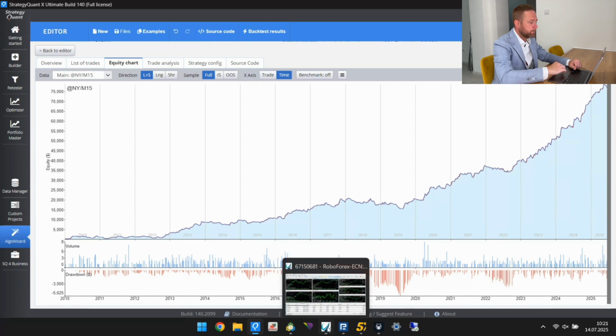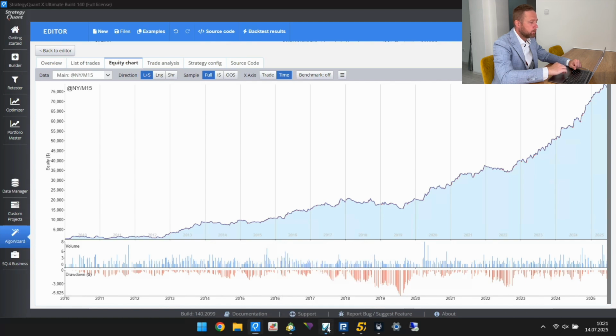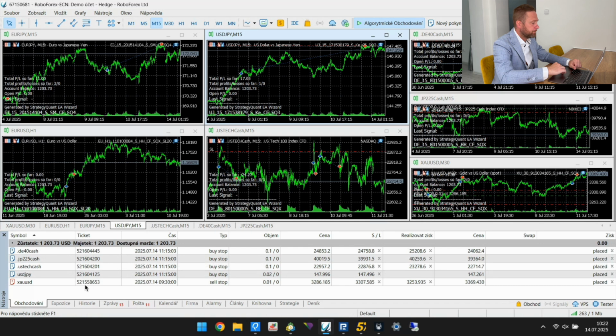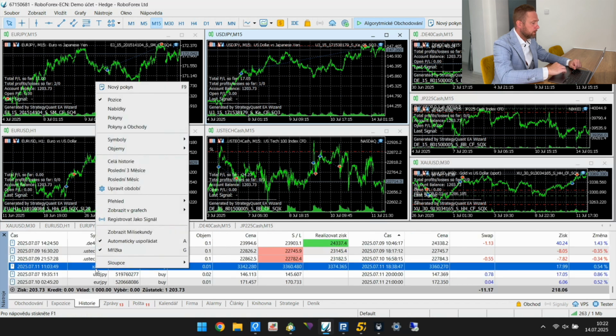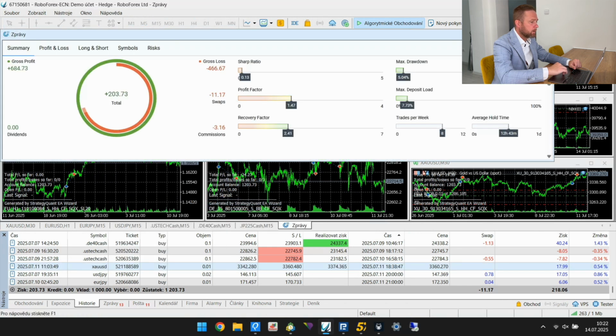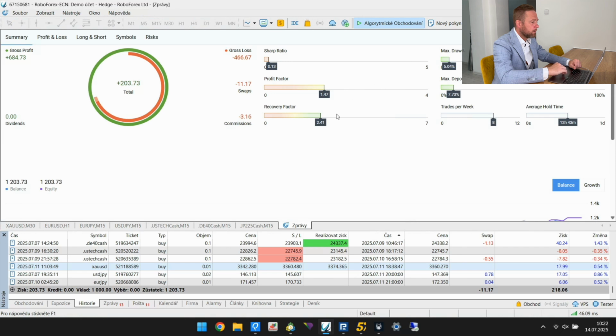As for the overview of the last month, I will take a look at the performance of this portfolio. And I can see that my profit factor is 1.47 since the beginning.